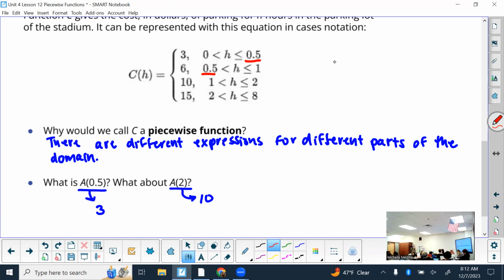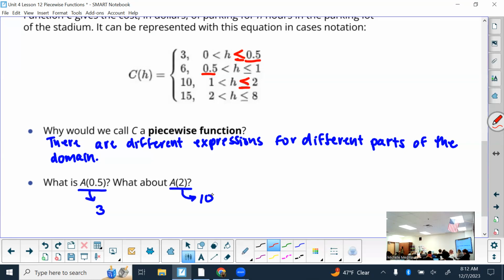If that little line is not there under the inequality sign, then it's not included in that interval. Okay, it's only here. That means when it's C of 0.5, my answer is correct. Same with the 2. The 2 shows up twice, but only one of them says when it's equal to 2, and it's this one. So in that case, that output is 10.